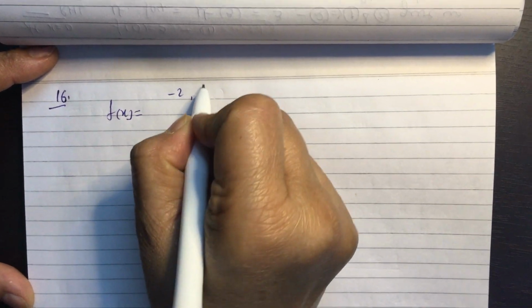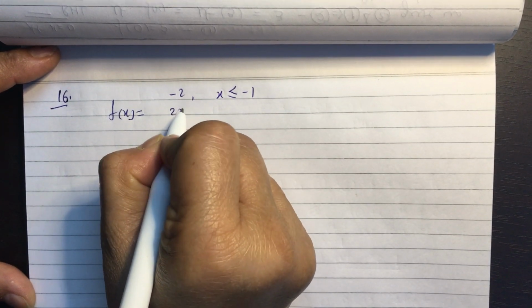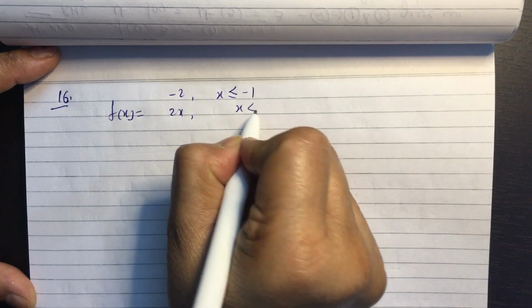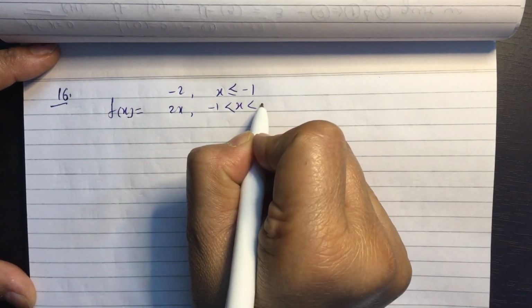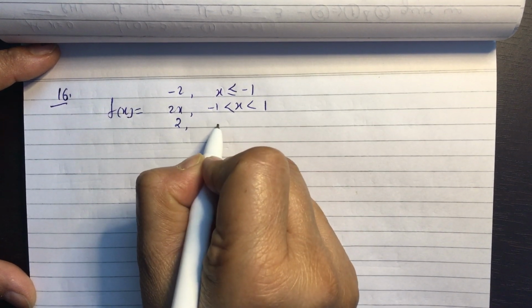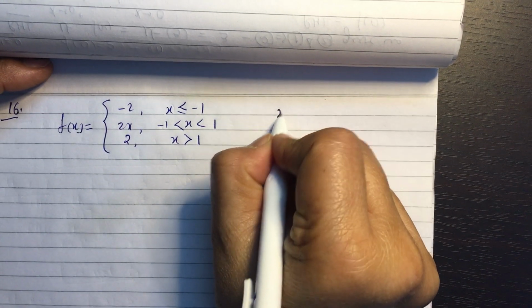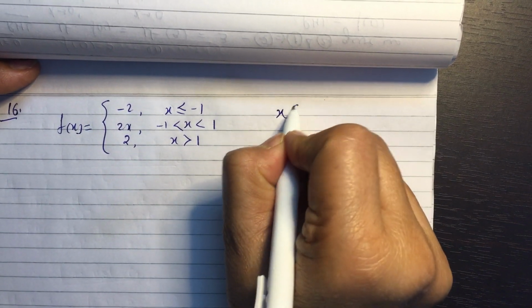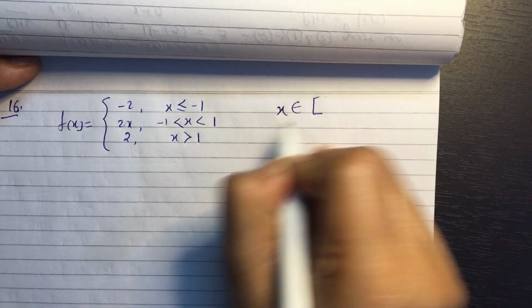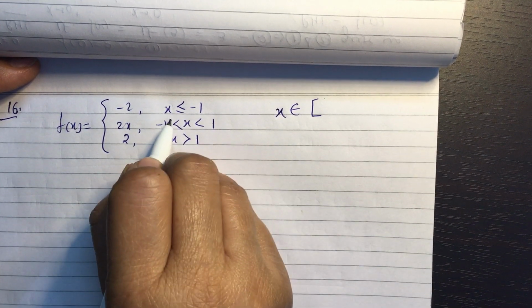So let's check that. So f(x) is defined as -2 when x is less than or equal to -1. It is defined as 2x when x lies between -1 and 1, and it is equal to 2 when x is greater than 1. Now clearly the function is defined for the interval which is semi-closed, that is less than or equal to 1.